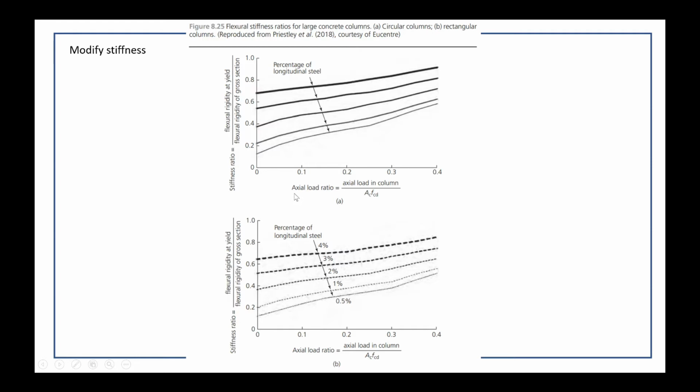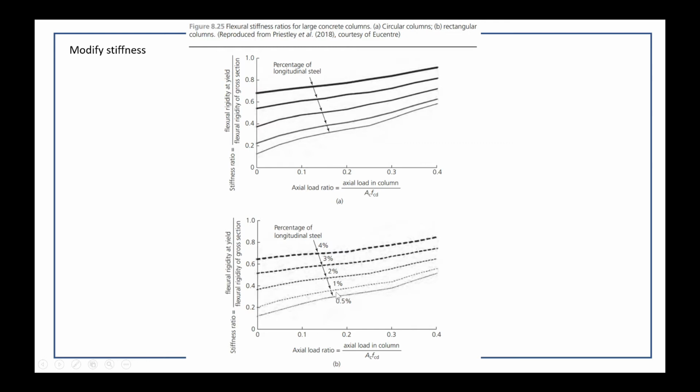And the axial load ratio is 0, 0.1, 0.2, 0.3, and 0.4. You see here, when you use a higher percentage of rebar in a section, in column or in wall, the percentage of stiffness also increases. And when you use the 0.2, okay, the 0.2.